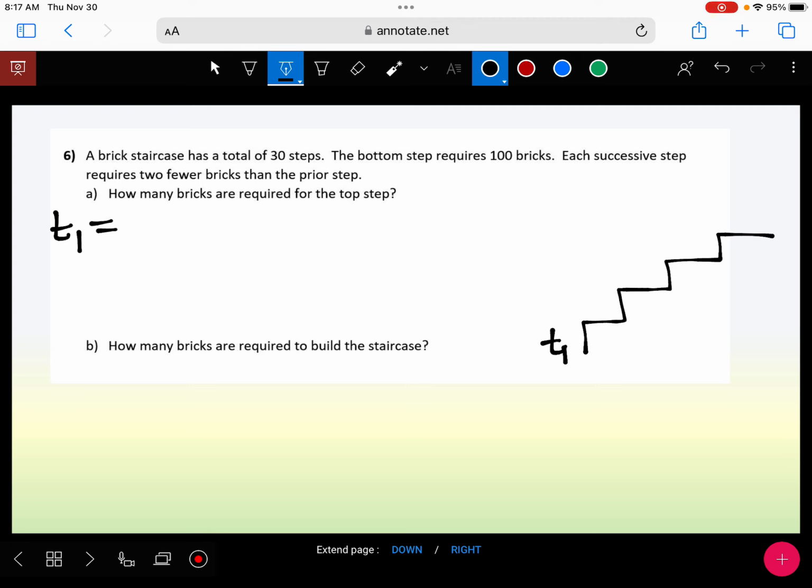How many bricks did it say in the second sentence for the bottom step? 100. Your common difference, because you're using 2 fewer bricks, that means I'm not adding 2, I'm doing what? Reducing by 2. So my common difference would be -2. Go ahead and write your rule.